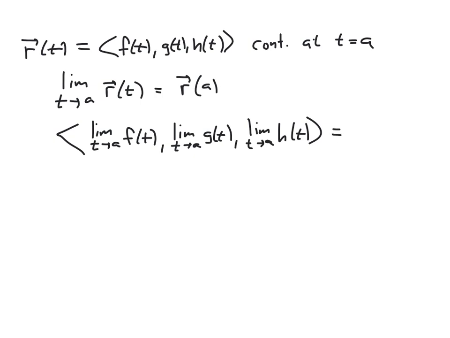And r of a is the function f of a, g of a, h of a. And so the only way for these two vectors to be equal is for the corresponding components to be equal.